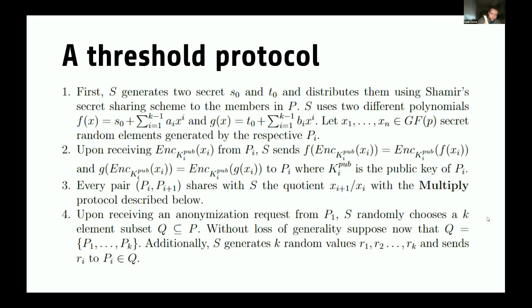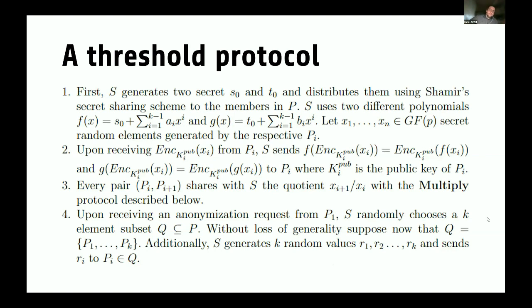So first of all, S generates two secrets, S0 and T0, and distributes them using this secret sharing scheme to the members in P. And then S uses two different polynomials, f and g, and the participants generate, in this case, only one random value, not two.